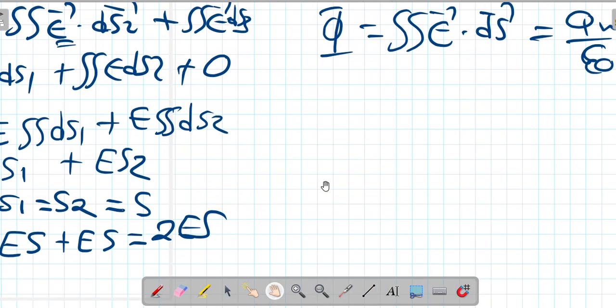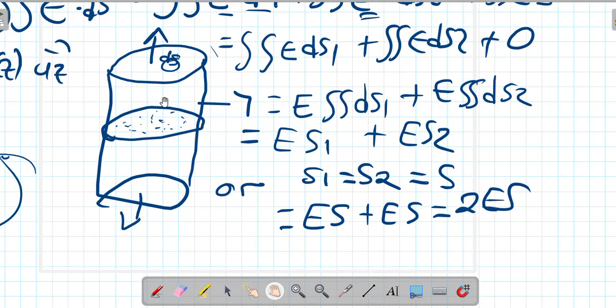Whenever you have a distribution of charges on a surface, think of surface density. So you want to know the amount of charge here. So the amount of charge inside is given by surface density, which is constant. I'm saying it's constant because I'll take it out of the integral.